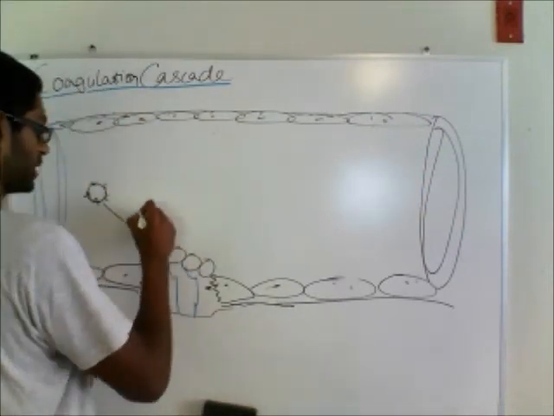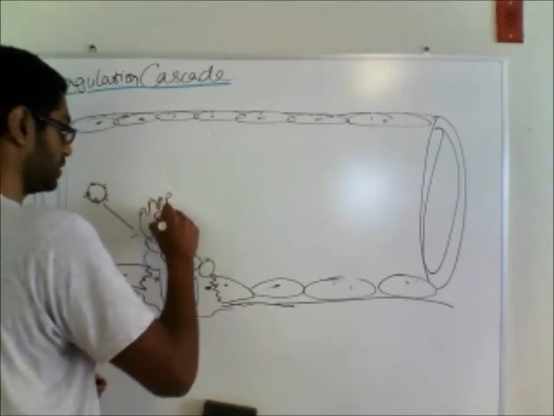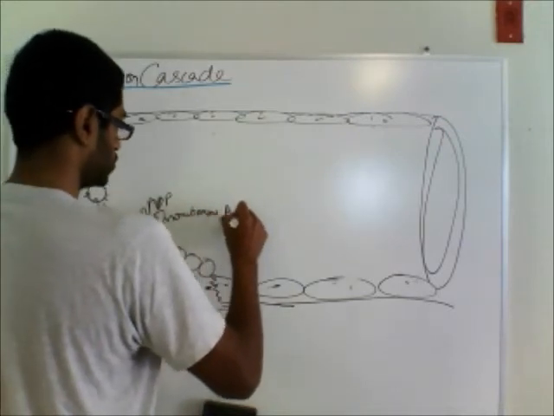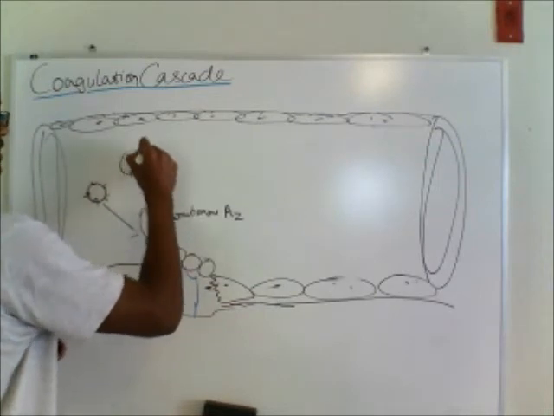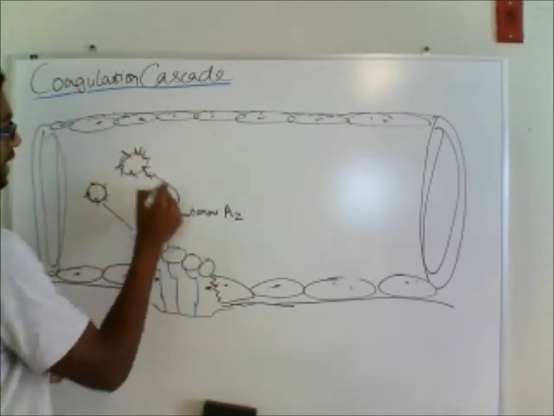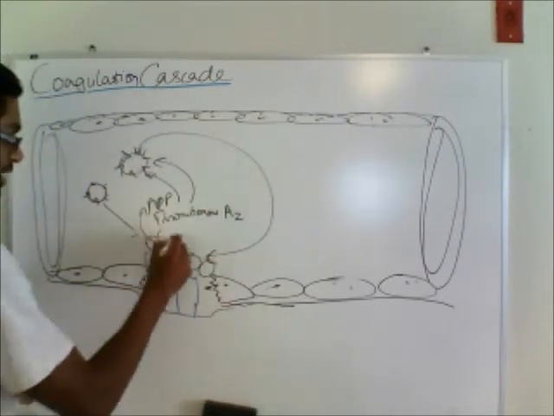So the ADP and thromboxane A2, what they're going to do is, the platelets have receptors for these molecules. So they're going to bind to the platelets and bring more platelets in.